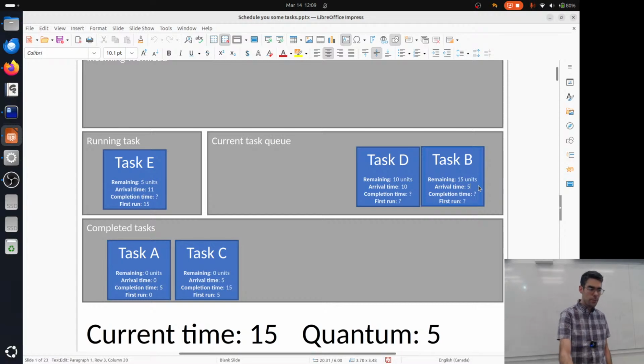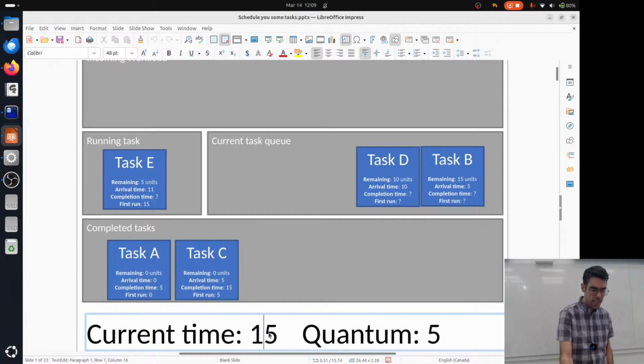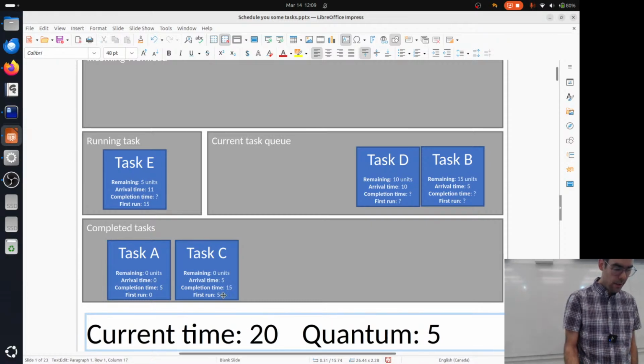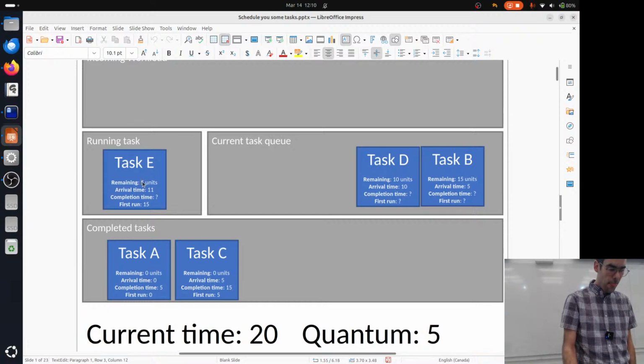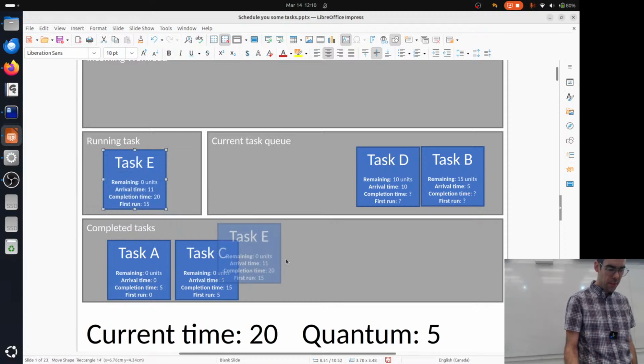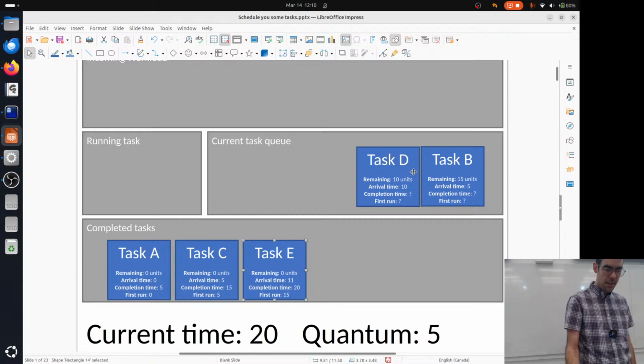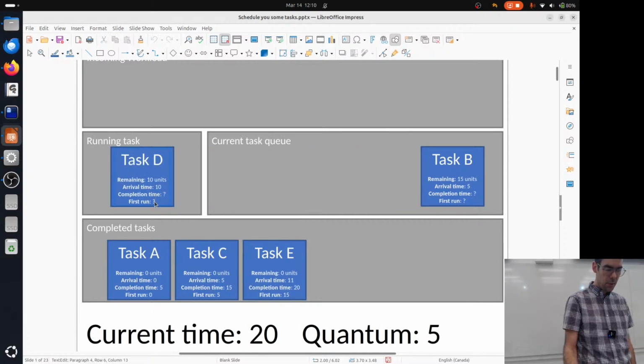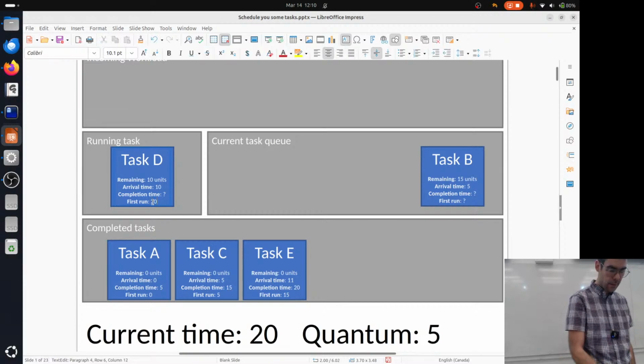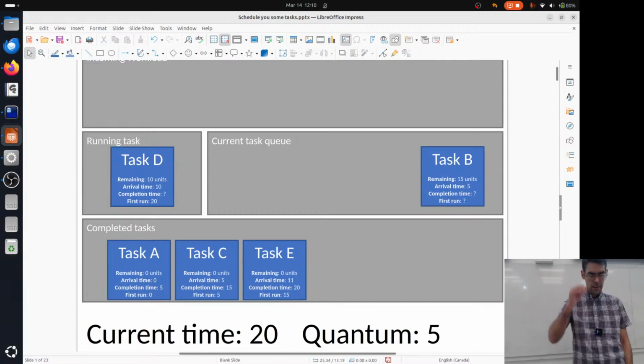Let's finish this out. So at time 20, we're going to say that task E has finished. We're going to pop it off of the processor. And task D is the last thing that gets to go on. Its first run is at time 20. I'm going to skip ahead to time 30 now.